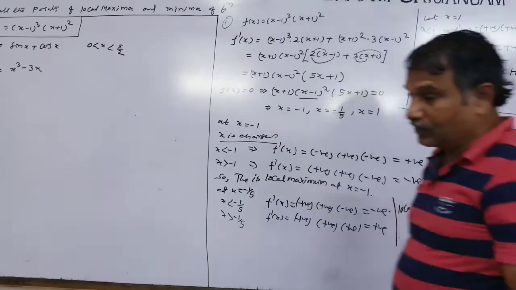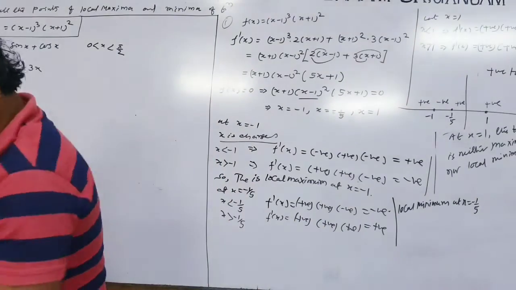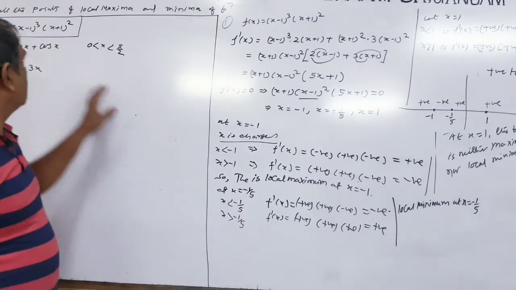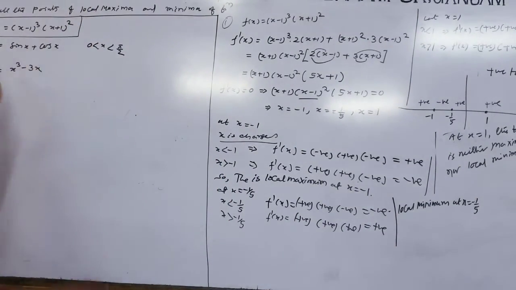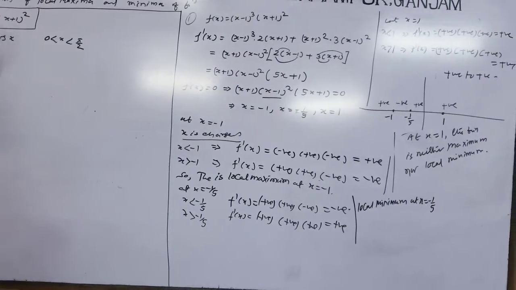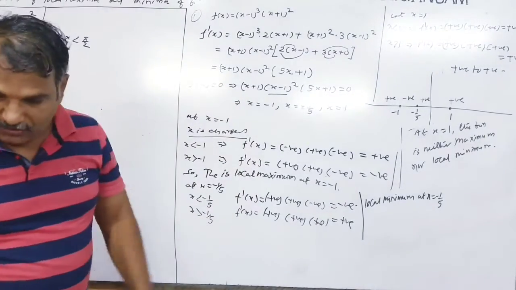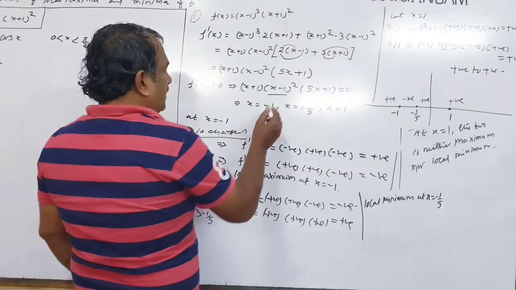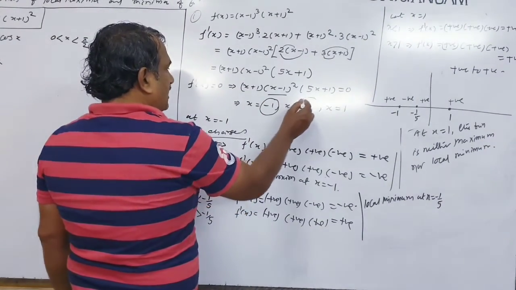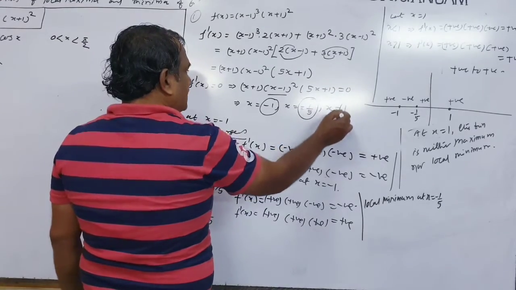Okay. Now the first step is to find all the points. What is given is f of x; find f dash x. Then put f dash equal to 0 and find x. So there are three critical points: x equal to -1, x equal to -1.5, and x equal to 1.